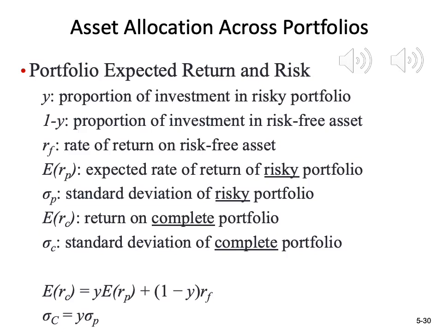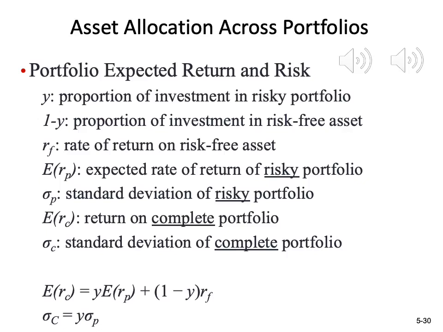Sigma C, or the standard deviation of the complete portfolio, is proportional to the risky portfolio. Specifically, we have Y, which is the portion you put in the risky portfolio, times sigma P, which is the risky portfolio's risk. Why we don't have sigma F, which is the risk of the risk-free asset in this formula?